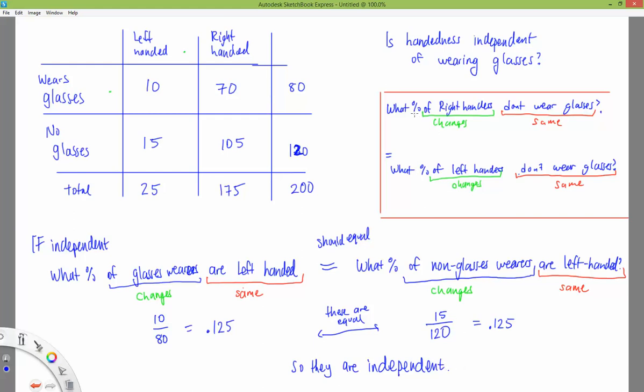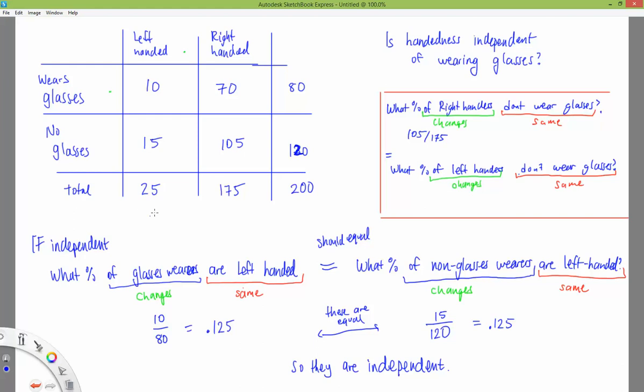We'll do the same thing here. What percentage of right-handers don't wear glasses? So what would we do? 105 divided by 175. And over here, what percentage of left-handers don't wear glasses? 15 divided by 25, right?